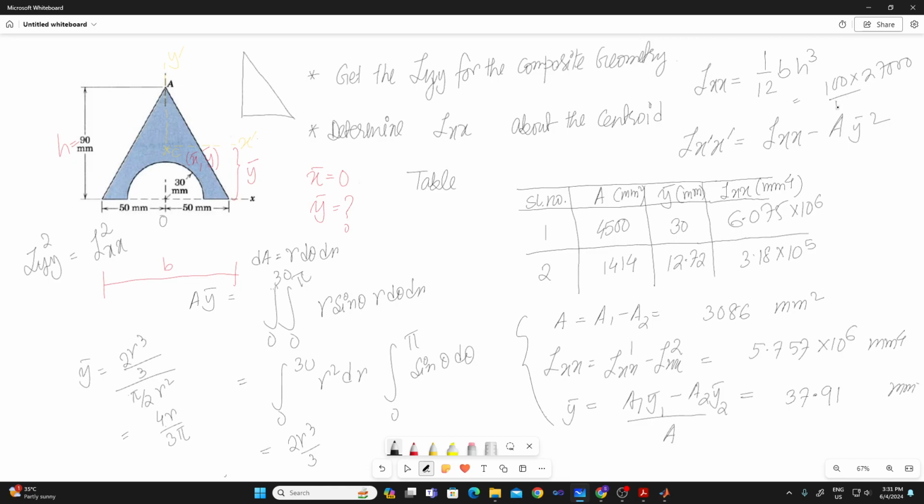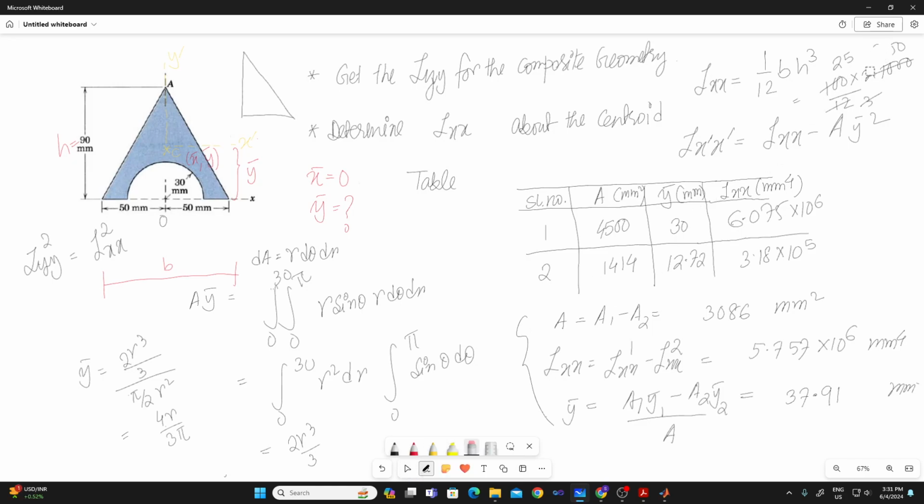Divide that by 12, so this gives you 25, and this gives you 9,000, right? 1 by 12 BH cube. Sir, is H the 90 mm? Yes, yes. Sorry, that's the mistake.